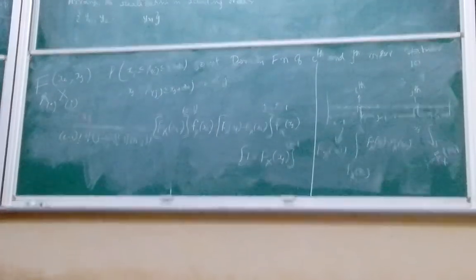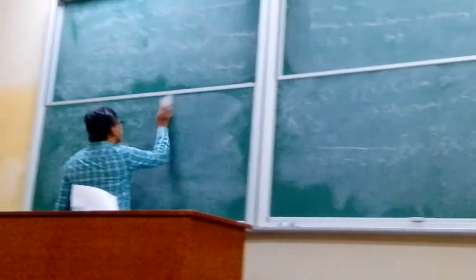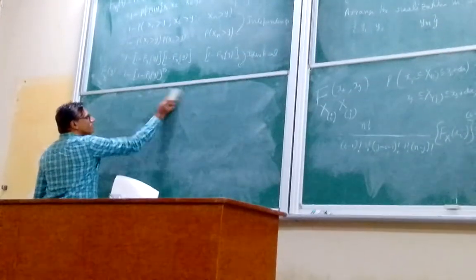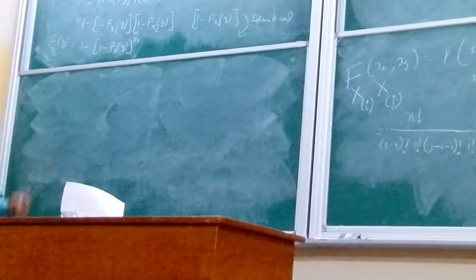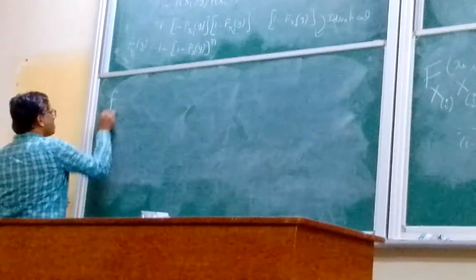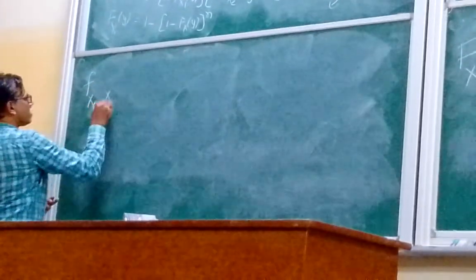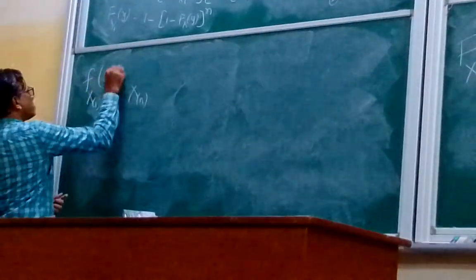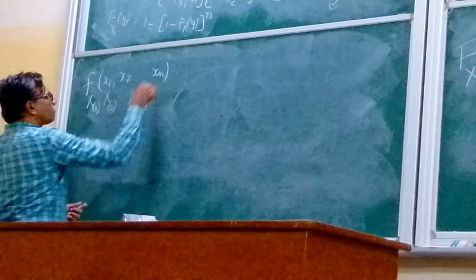If you want the joint density function of all order statistics, the formula turns out to be a little easier than this. That is f of x1, x2 to xn.